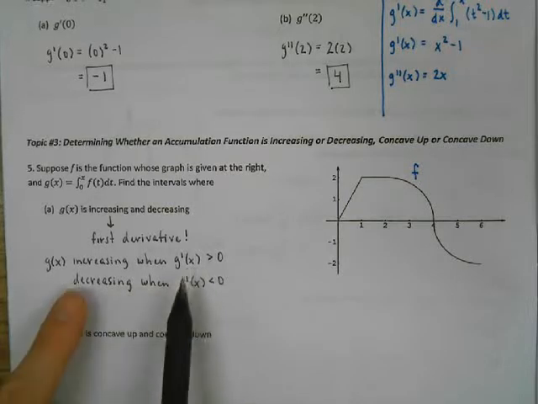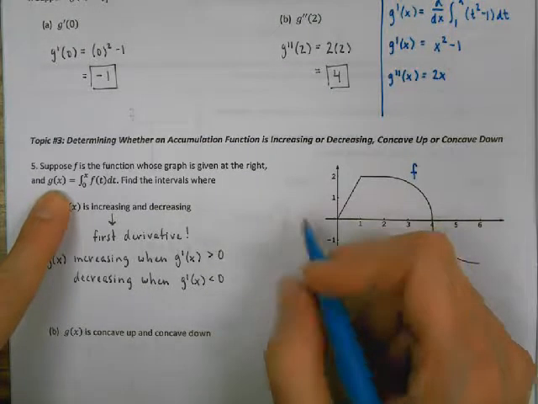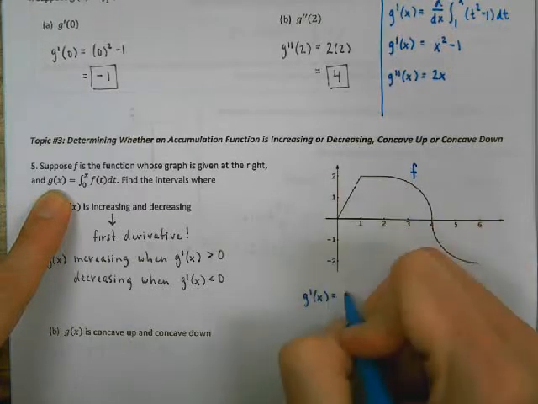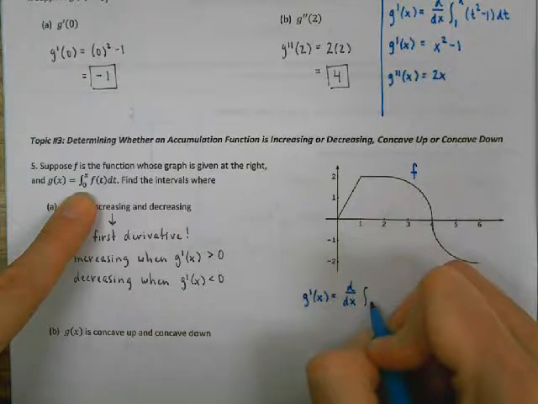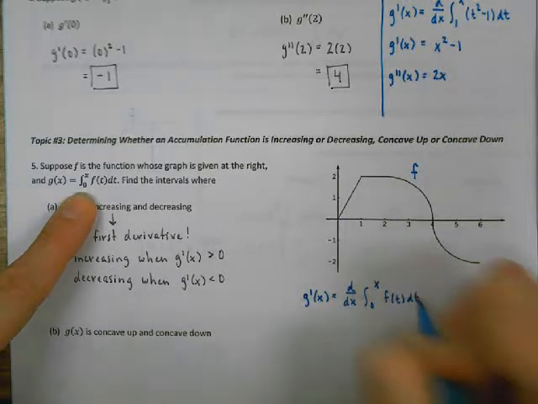So let's take a look. We know this hinges on the first derivative. So again, if I have my function g of x, my derivative is the derivative with respect to x of the integral from 0 to x of f of t dt.